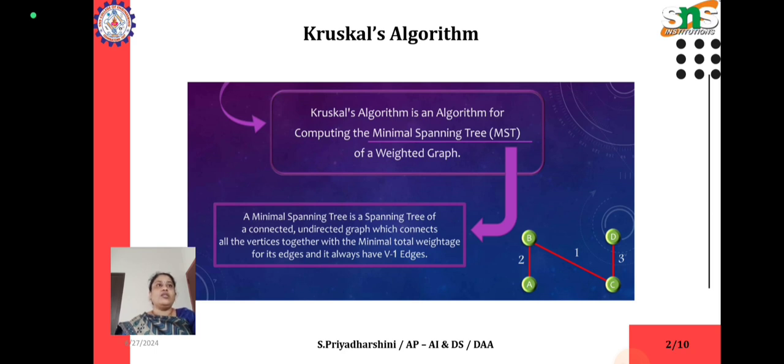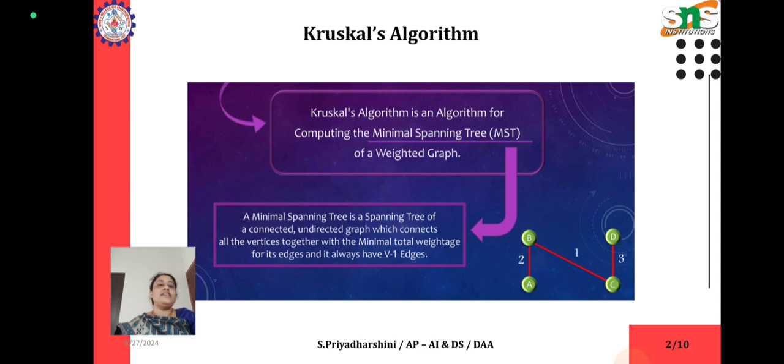The Kruskal algorithm takes the graph as input and finds the edges from the graph which form a tree that includes every vertex of the graph. Working of Kruskal's algorithm, we'll see that. But before that, we'll get into the topic. Kruskal's algorithm is an algorithm for computing the minimum spanning tree, that is MST, of a weighted graph.